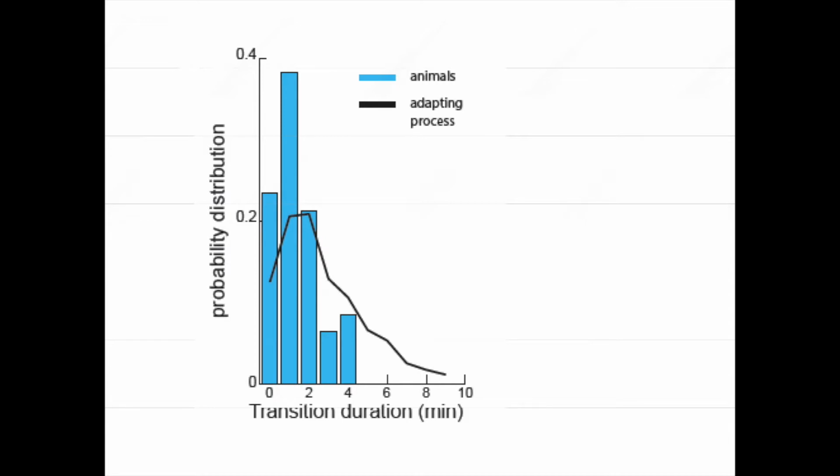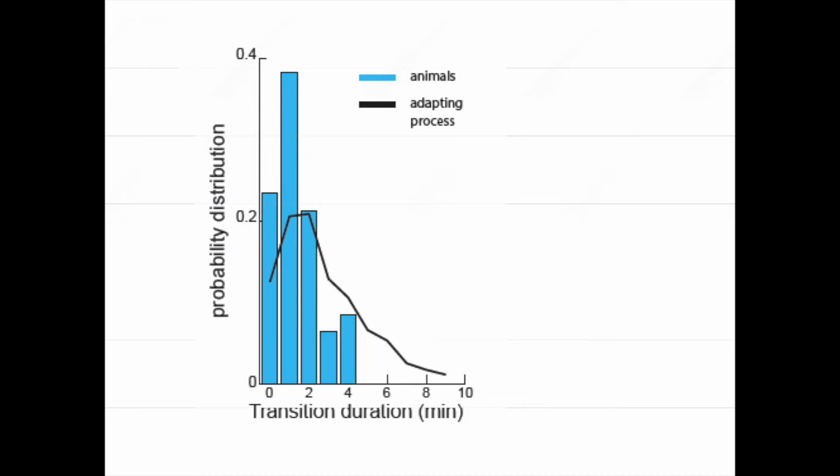So often the question arises: could a conventional chemotaxis model explain the animal behavior? Because initially the odorant concentration is high, and then the odorant concentration is low.